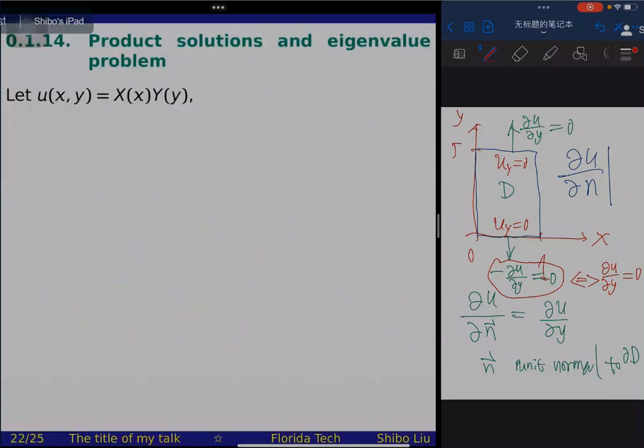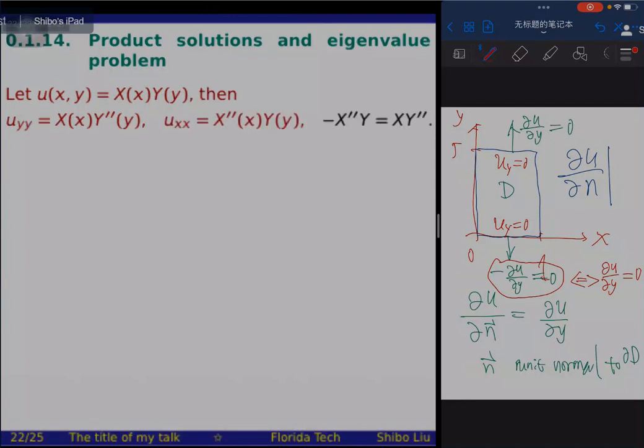Now, the second question in this problem is to find the product solution and the eigenvalue problem. As before, we write u in the form of a function of x times a function of y. Then, computing the partial derivatives that appear in the equation, for this u, we see that u_yy is XY double prime and u_xx is X double prime Y, and the equation becomes minus X double prime Y equals XY double prime.